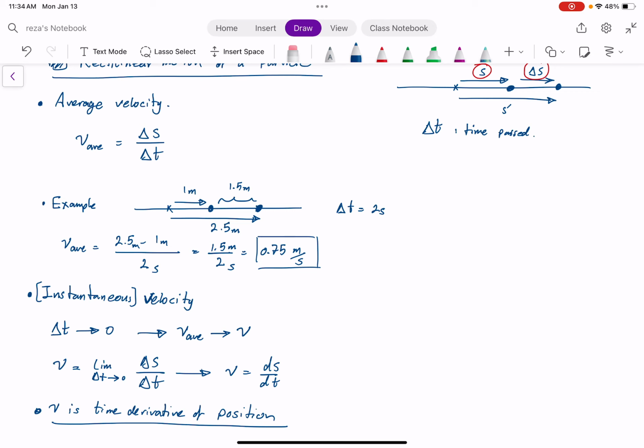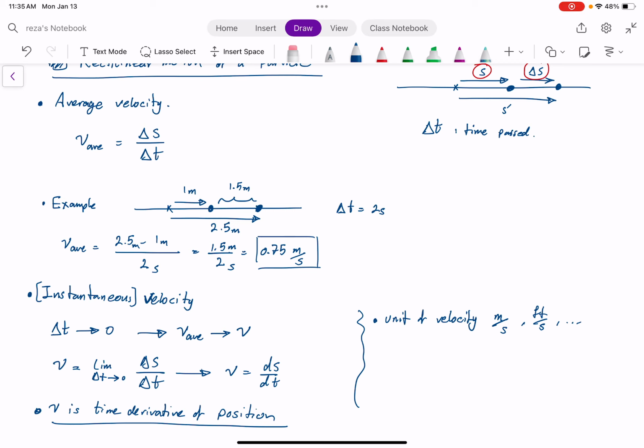A few remarks. The unit of velocity is some unit of length divided by unit of time: meter per second or feet per second, and so on, kilometers per hour. That's one thing I wanted to say.